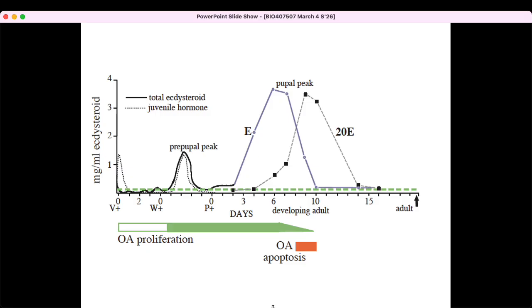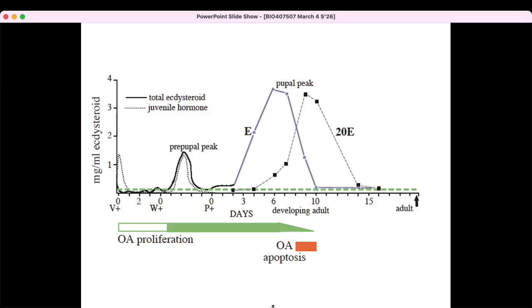So there's a molecule they purified, and we now call that molecule E. It's still called ecdysone. And just a year after they had purified that, they realized that, as with a lot of hormones, it's a family of molecules.